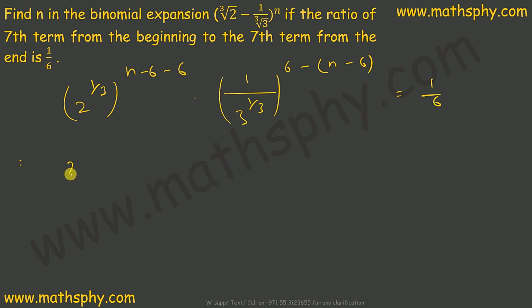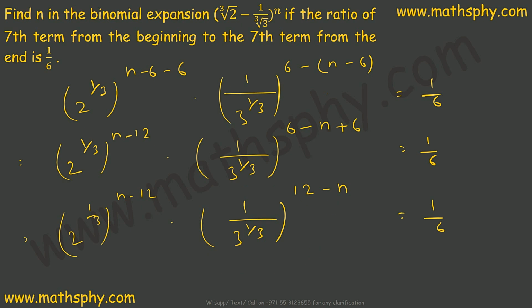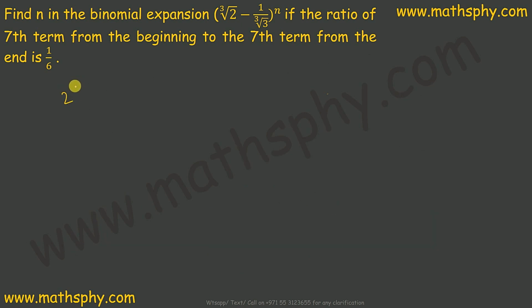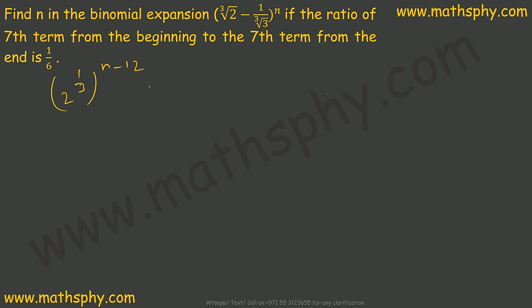So this will be 2 raised to 1 over 3 to the power n minus 12, into 1 over 3 raised to 6 minus n plus 6, equals 1 over 6. This is 2 raised to 1 over 3 to the power n minus 12, into 3 raised to negative 1 over 3 to the power 12 minus n, equals 1 over 6.